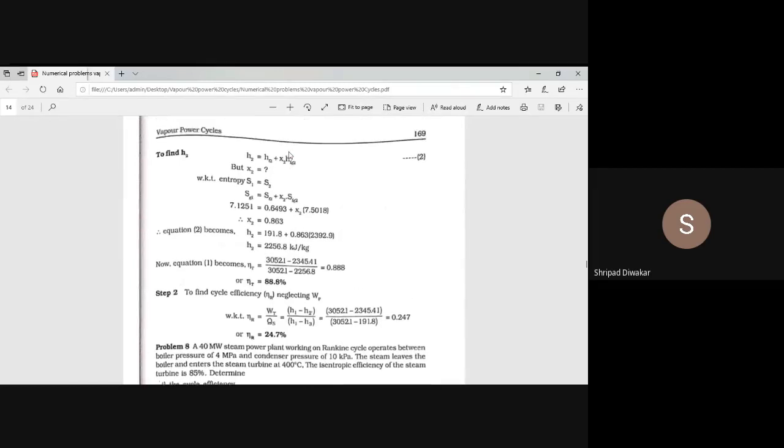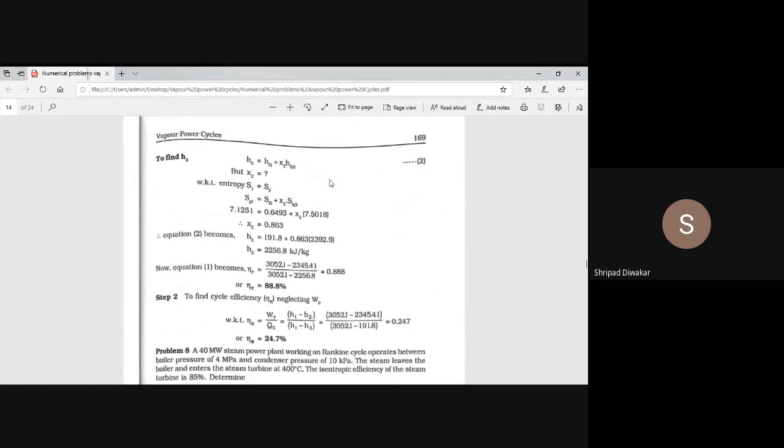But here the ideal value we don't know. For the actual, they have given the dryness fraction as 0.9, but the ideal dryness fraction is not given, so you have to find out that value. That value differs from the actual dryness fraction. Remember, actual is different and ideal is different.